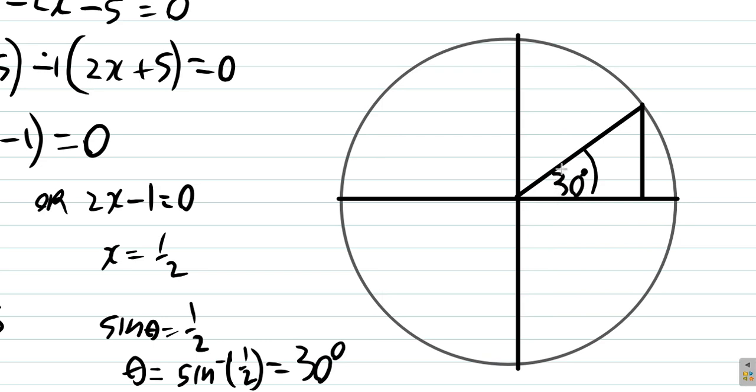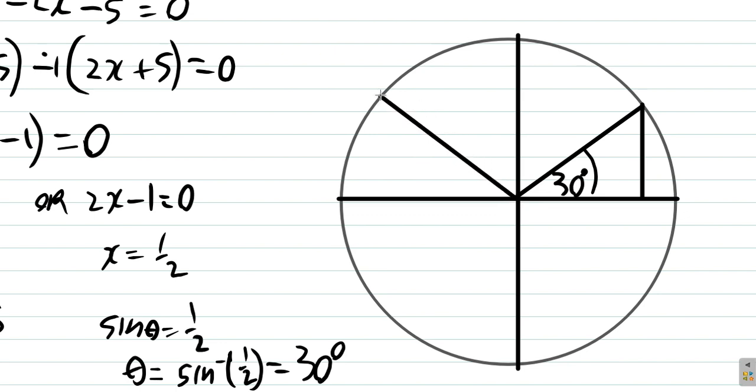Which other angle does it work? Sine is opposite over hypotenuse. Now you can see the opposite goes from 0 up, not down. There's a positive opposite over a positive hypotenuse. Which other quadrant does it happen again? It's in the second quadrant, right?